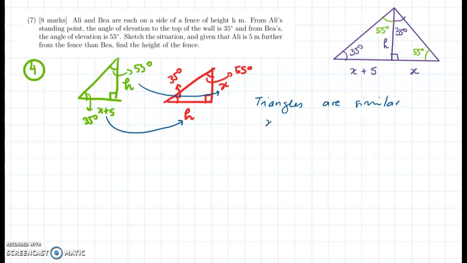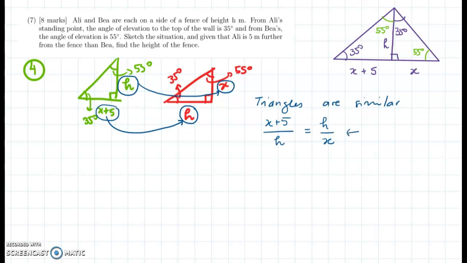That we have that the ratio between the sides is the same. So we can say that x plus 5 divided by h is the same as h divided by x. I'm saying the horizontal leg from the big triangle is in the same ratio with the horizontal leg from the small triangle as the vertical leg from the big triangle is with the vertical leg of the small triangle.